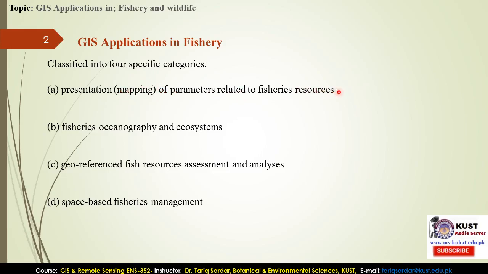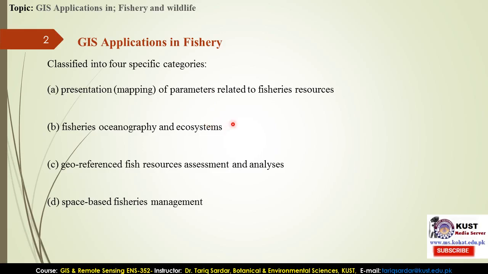It means construction of distribution based maps of parameters from fisheries and oceanography, such as catchment of the fishes, fishing area, fishing efforts, temperature and other parameters related to the fishery resources.